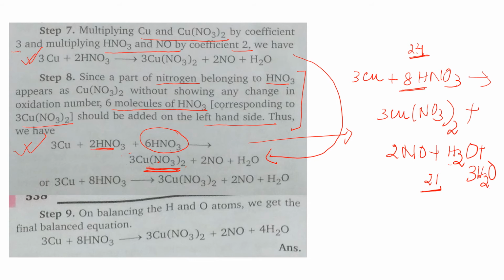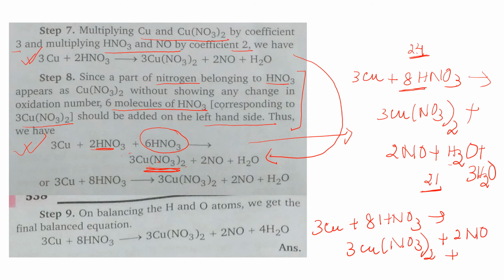After adding 3H2O we get 3Cu plus 8HNO3 giving 3 Cu(NO3)2 plus 2NO plus 4H2O. This is my balanced equation.